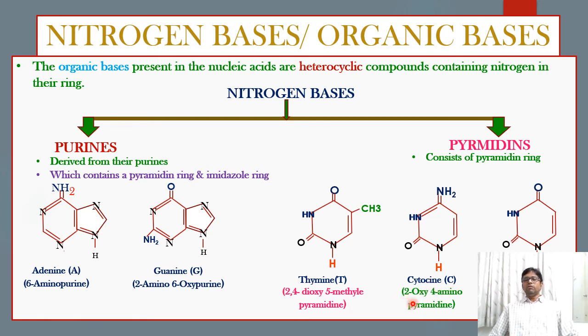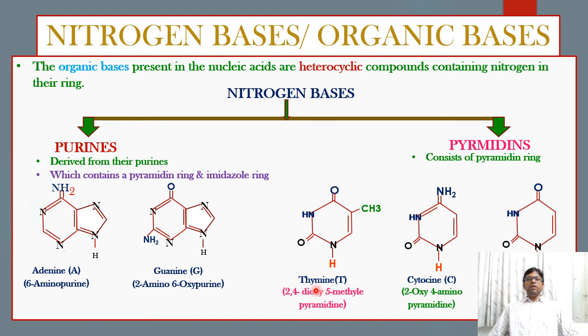Coming to the uracil, uracil is also known as 2,4-dioxypyrimidine. On 2nd carbon and 4th carbon, oxygens are present, hence it is known as 2,4-dioxypyrimidine. So these are the 3 types of pyrimidines that are present in nucleic acid.